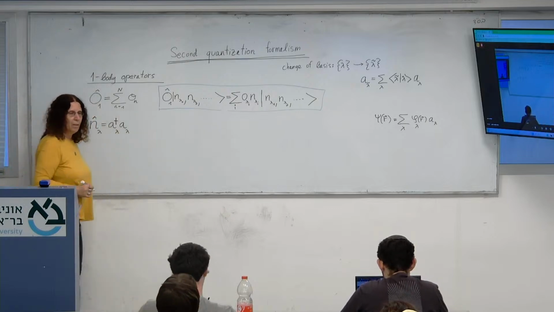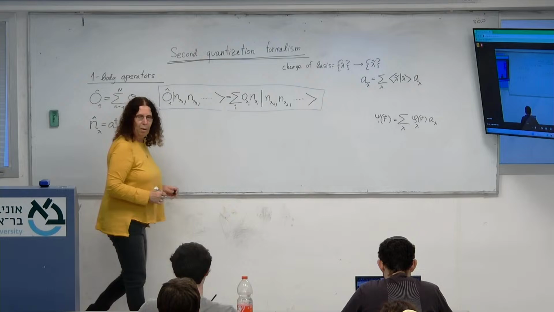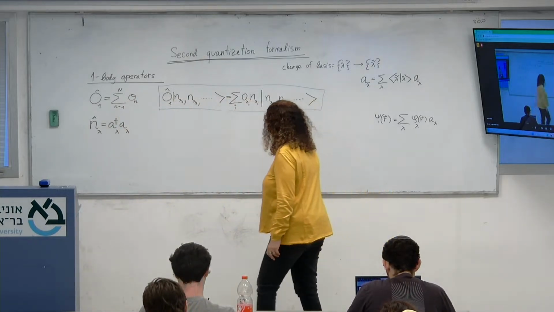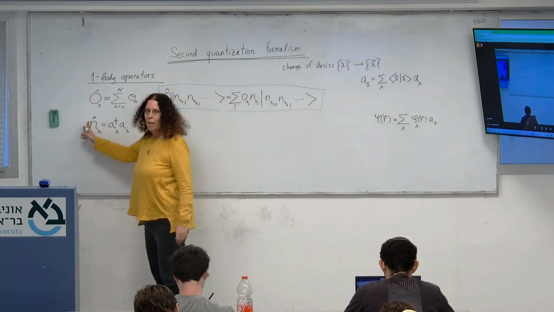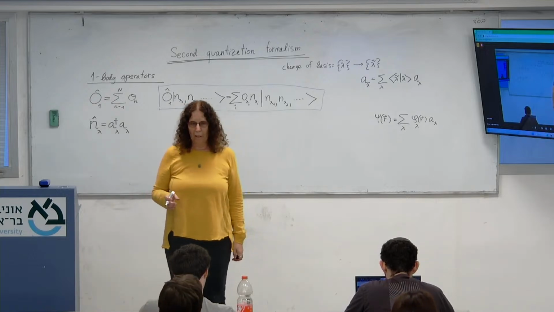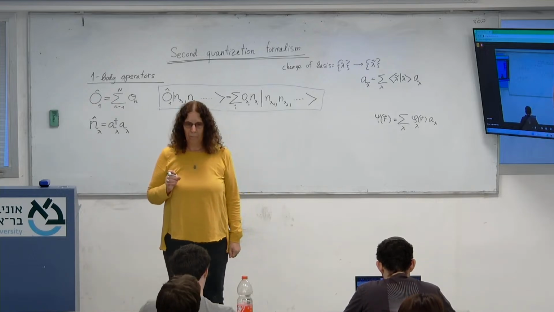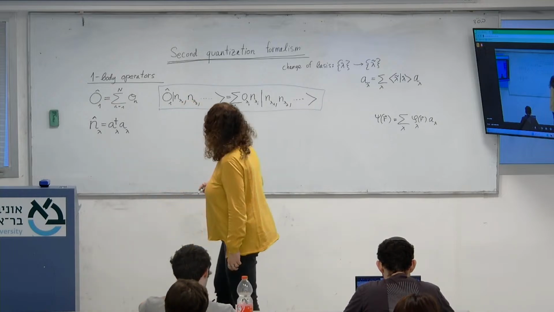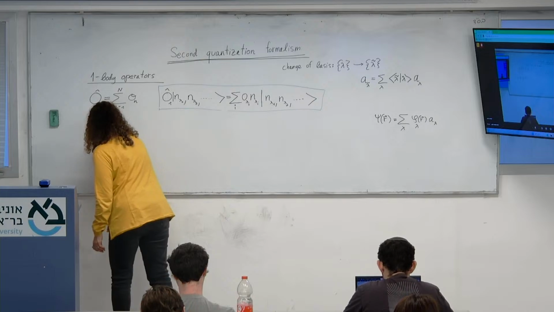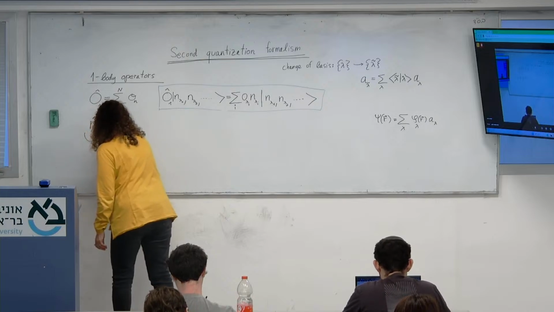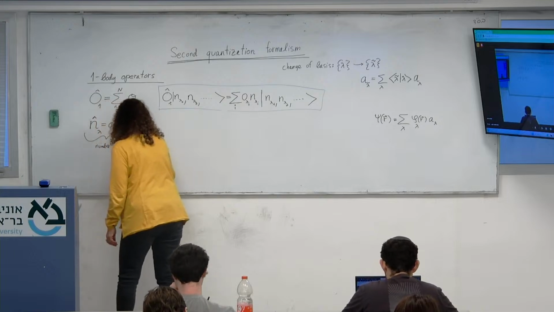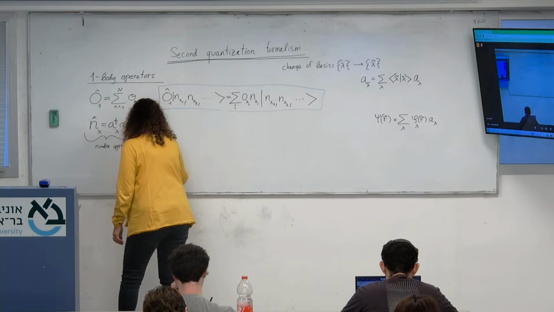And I'm claiming that this operator deserves the name number operator. Why? Because what this operator does is count the number of particles at state lambda. So it's the number operator for state lambda.